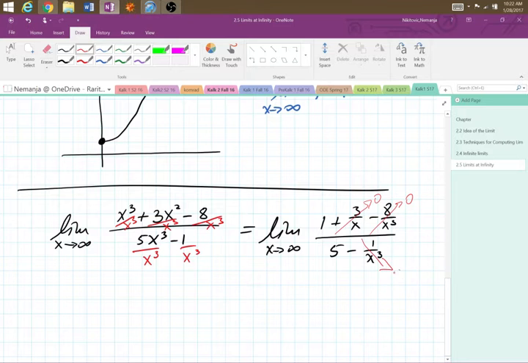And here is a single piece of paper cut infinitely many times. Also goes to nothing. What are you left with? 1 over 5. Now, you memorized in pre-Calc 1 that if the exponents are the same, and they are, x cubed and x cubed, your horizontal asymptote is where the front coefficients are, which is 1 over 5.